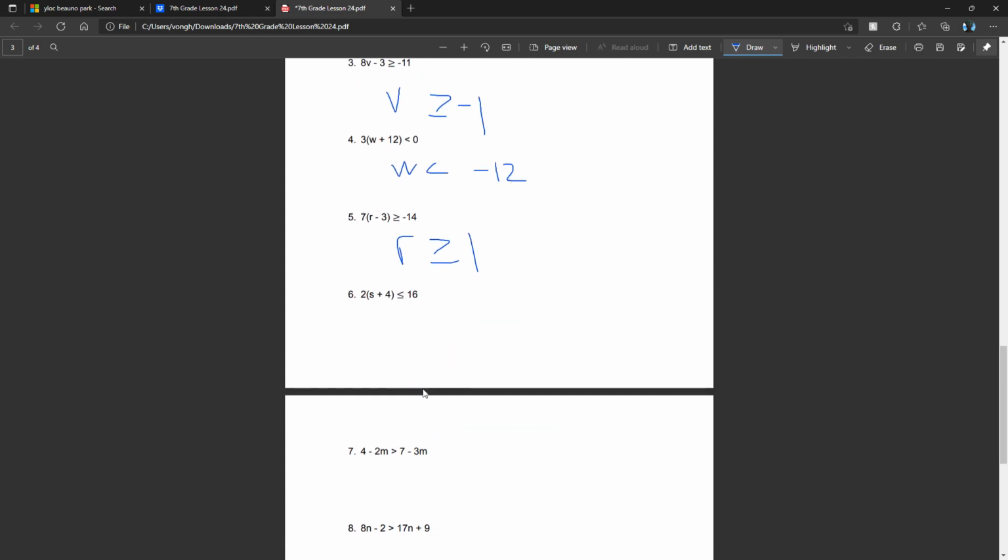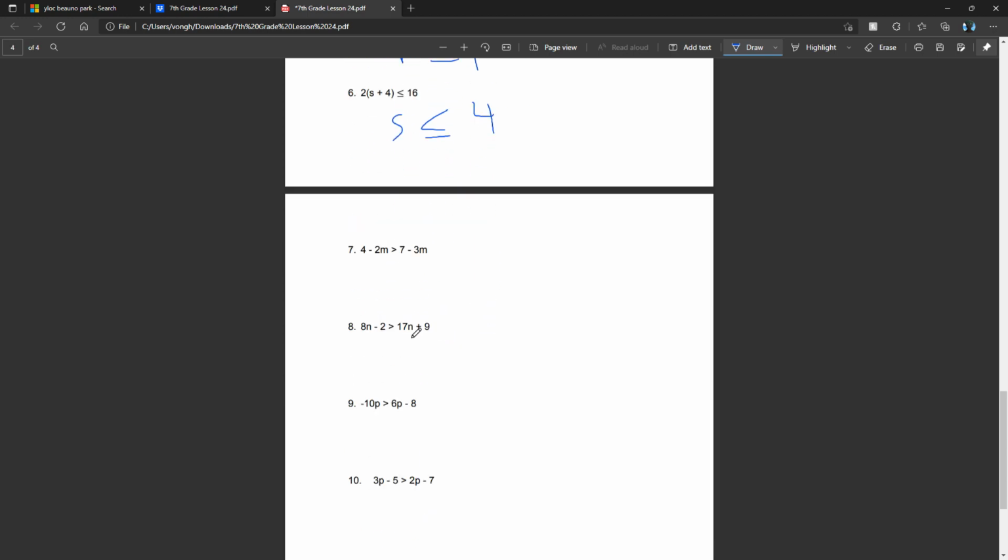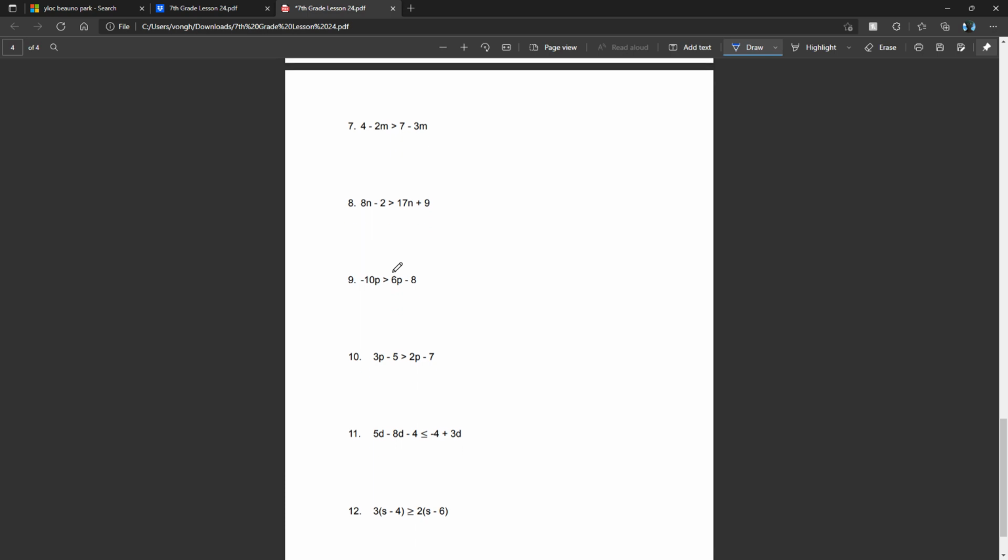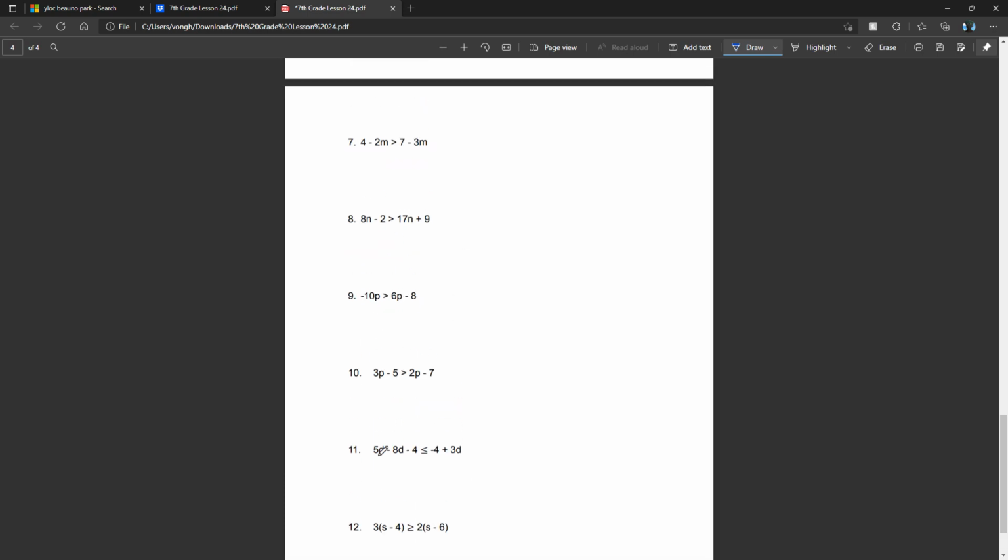These are the answers, and just try to do them on your own and then check with your answers. I'll do 7 to 12 now. So here we have 4 minus 2m is greater than 7 minus 3m. All we have to do is move the variables to one side, so we add 3m to both sides.